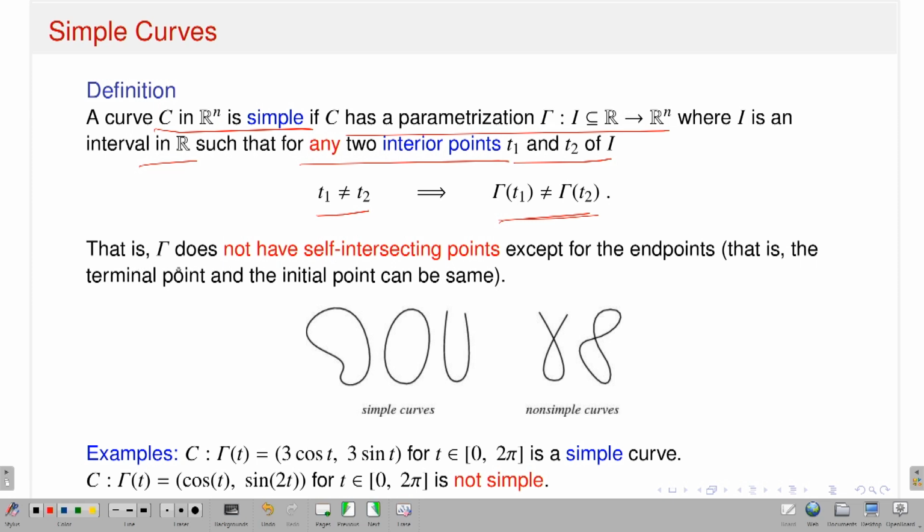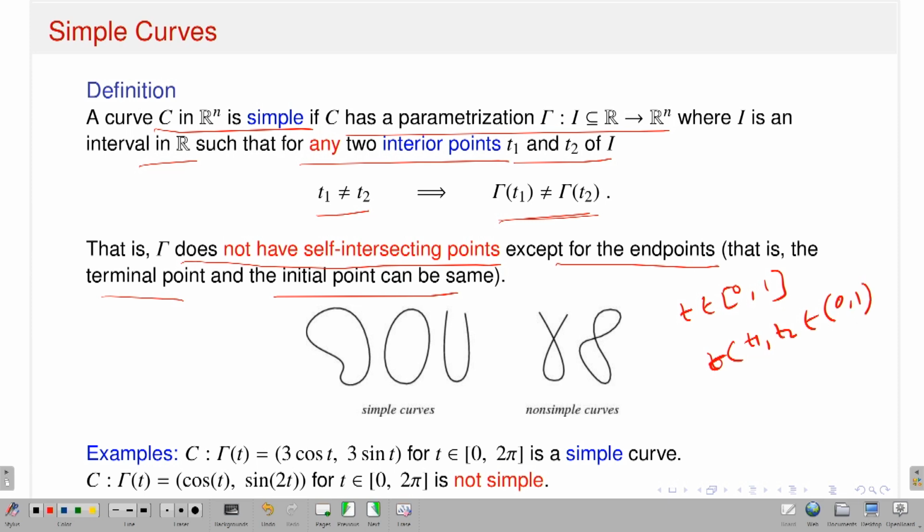That is, gamma does not have self-intersecting points except for the endpoints, that is, the terminal point and the initial point can be the same. So if I have a parameterization from, say, 0 to 1, and I take t1, t2 from the open interval (0, 1), then I demand that if t1 is not equal to t2, then the corresponding gamma t1 is not equal to gamma t2.